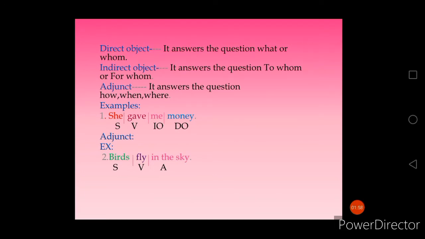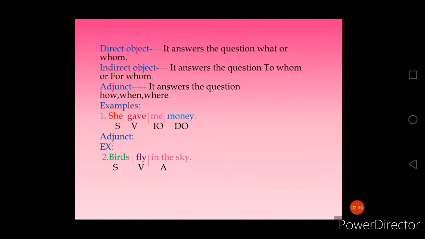Can you understand students? Okay, next one, what is adjunct? I already told you this adjunct or adverb answers the question how, when and where, right? So see the example, then you can understand very clearly. Birds fly in the sky. Read it along with me. Birds fly in the sky. So in this sentence, about whom are we talking? Yes, about the birds we are talking. So here birds is the subject, right?